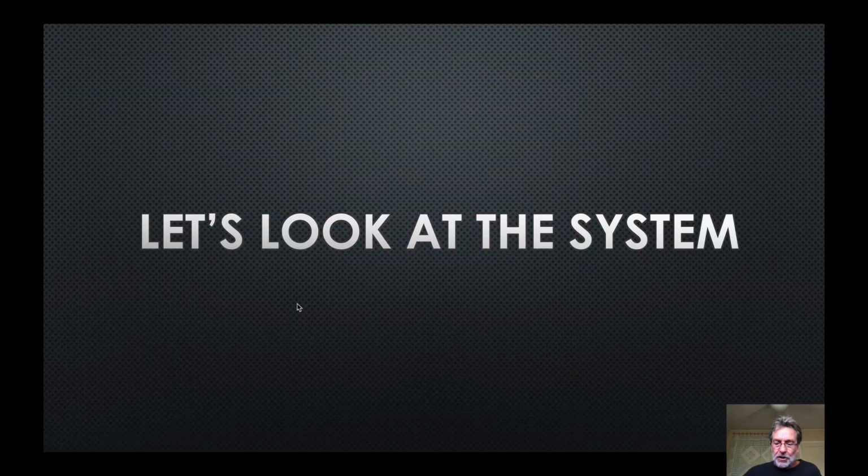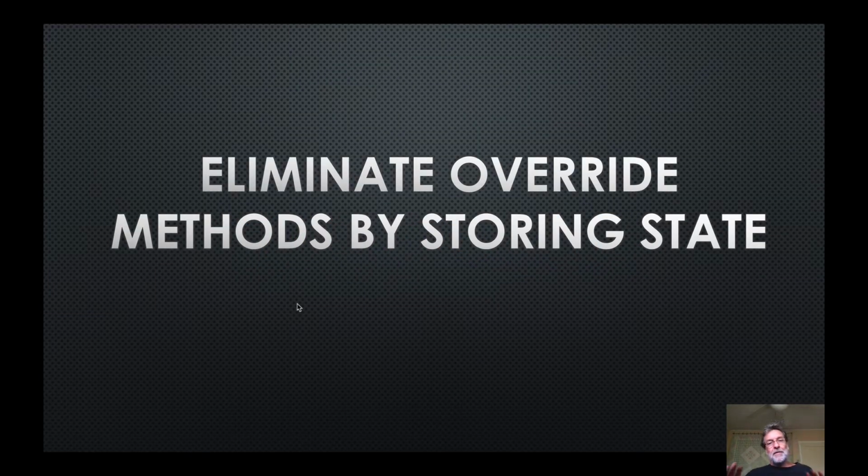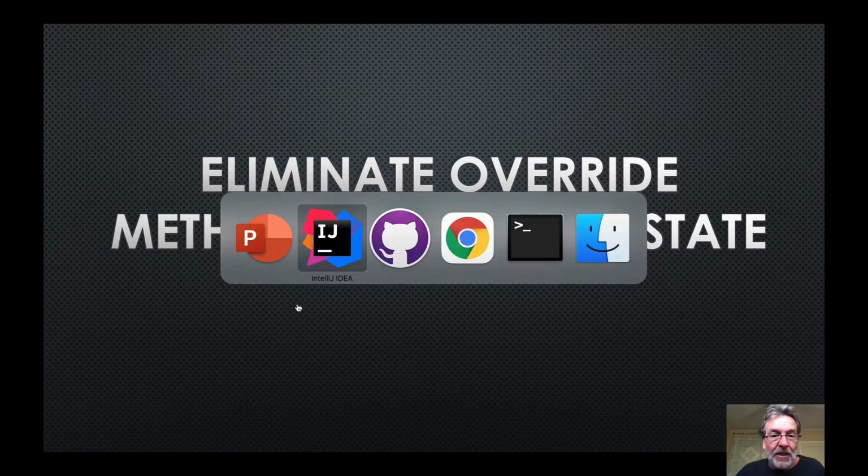So just to review, first, one technique: if you're seeing a lot of repeated code and you happen to be in this situation where you've got a class and subclasses, think about ways to not have to override a method in every single subclass. Is there a way that you can just use the superclass method wherever you need it? In this case, I stored the state in the constructor. Okay, so that's the first thing.